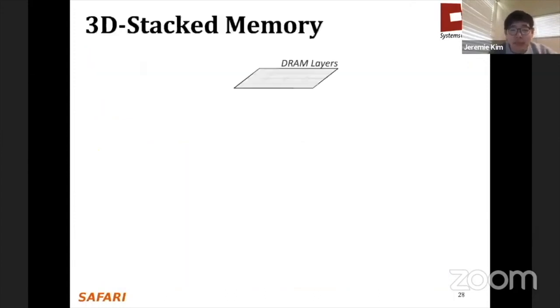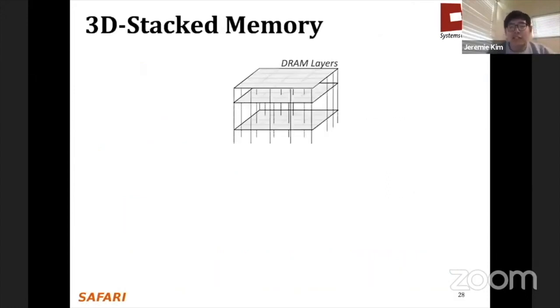So 3D stacked memory is basically a bunch of DRAM layers that are stacked on top of each other. They're connected with TSVs, which are just vertical connections that allow high bandwidth between layers. We also have a logic layer, which enables you to move DRAM data at high bandwidth to the logic layer, perform very simple calculations, and then put the results back into DRAM, depending on whatever is implemented in the logic layer.